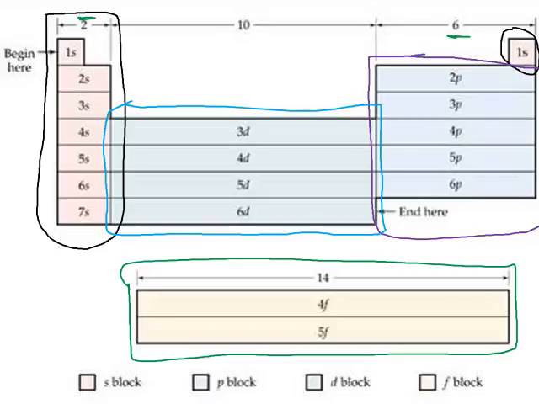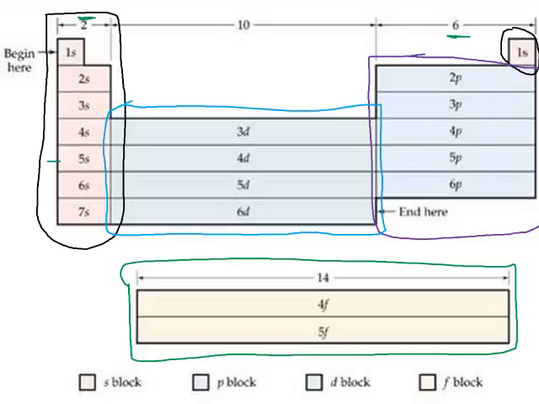So if we're in the fifth period and in the S block, that means we're in the 5S sublevel. Same thing with the 5P. If we're in the P block and in the fifth period, something like iodine, a halogen, in the fifth period and the P block, that means its highest sublevel would be a 5P.